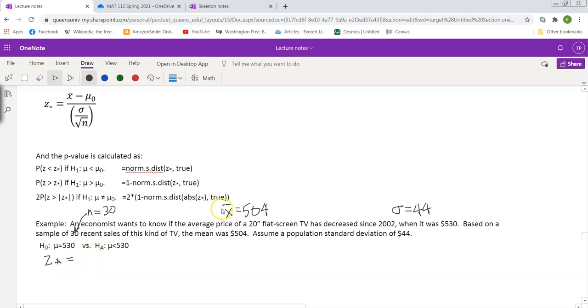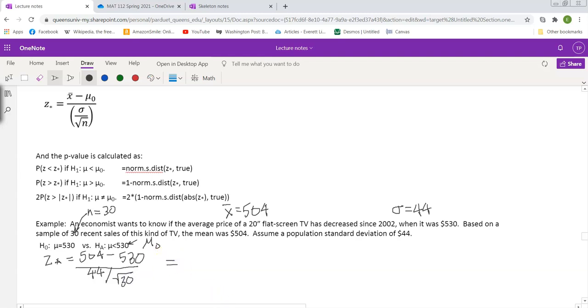So x bar, we're just going to plug in 504 minus the hypothesized value. So 530 is our hypothesized value. Divided by sigma, which is 44, over the square root of our sample size.